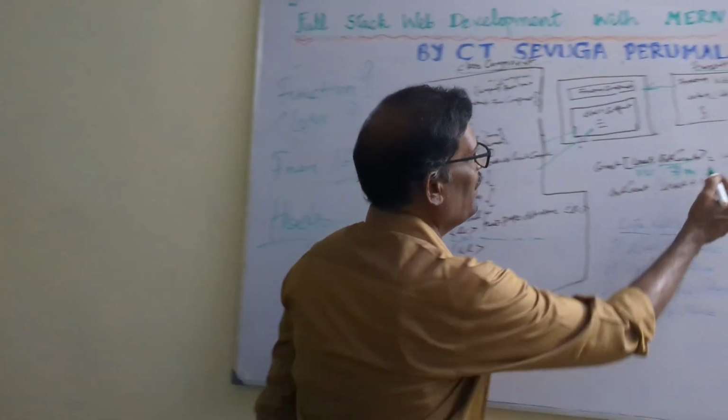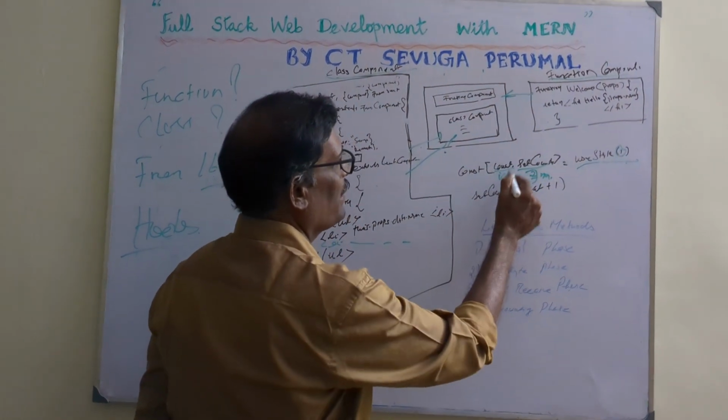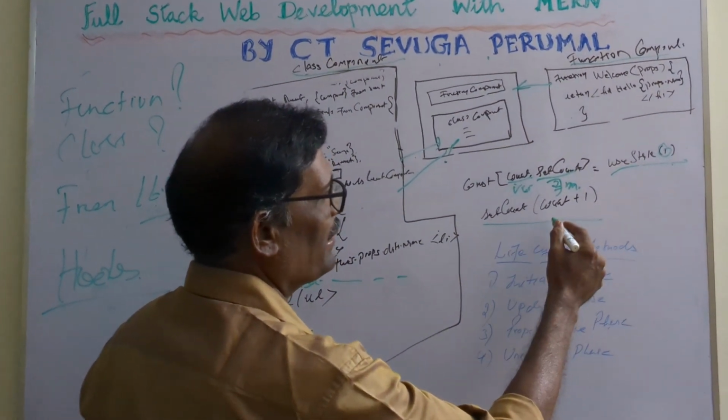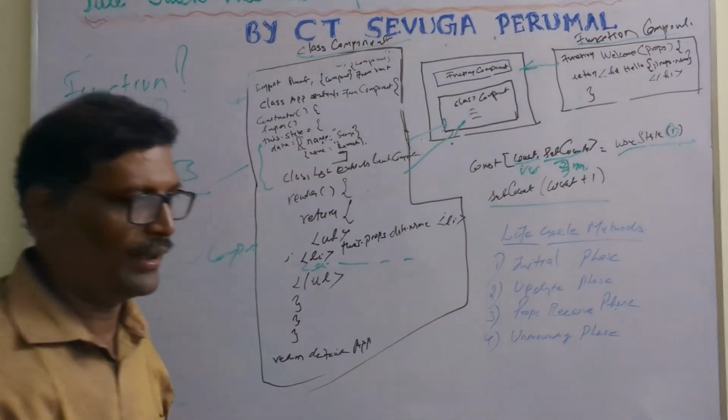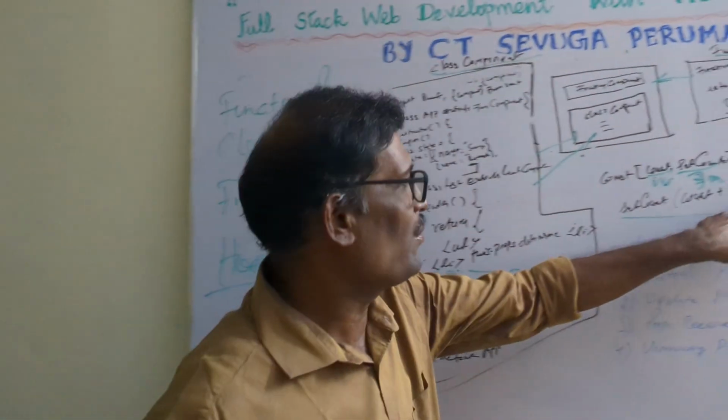In this example, the initial value 1 is assigned to the count variable, and after some point of time, if we want to increase it, then we can give count plus 1. That is the way we can manipulate the state in a function component.